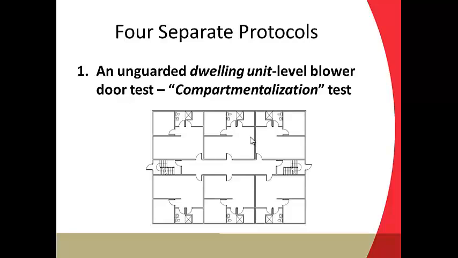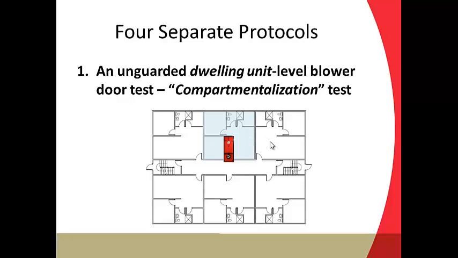So with this type of test, we're setting up a fan to the hallway, or it could be a fan in a window, and depressurizing that unit. And it wants adjacent spaces to be open to the outdoors or be at least 90% of the test pressure. So if you're testing at 50 pascals, all the adjacent spaces will need to be at least 45 pascals, within 10% of the induced pressure.